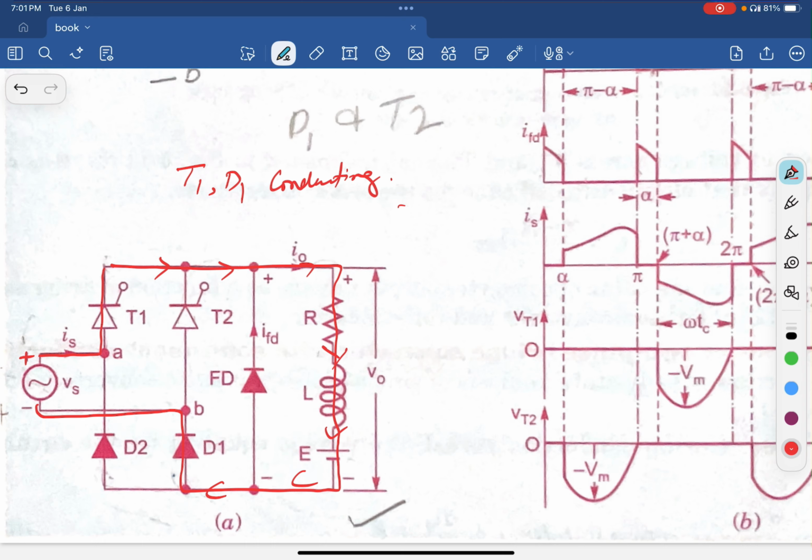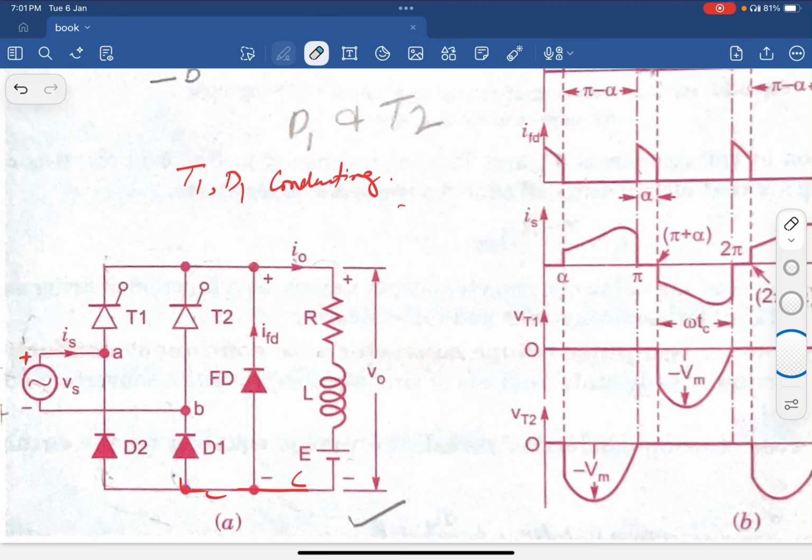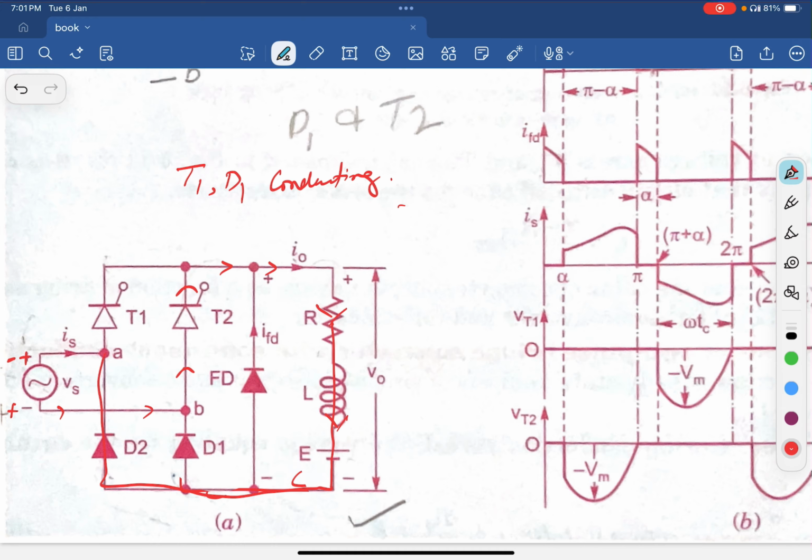When the supply gets reversed, it changes completely. Now when the supply changes, here it is plus, here it is minus, and the current flows through this path. T2 starts conducting, current flows through the load RLE and through the diode D2 and reaches the back path.